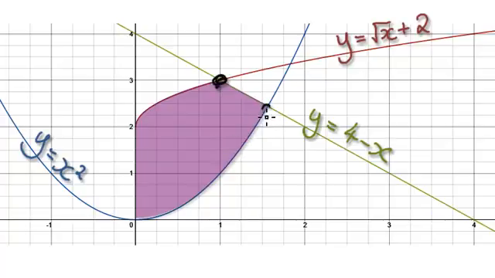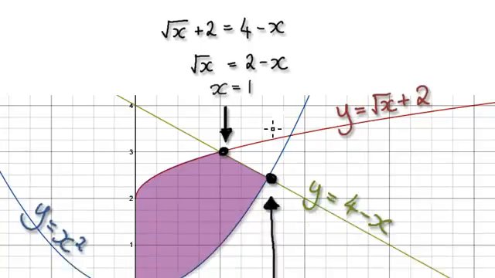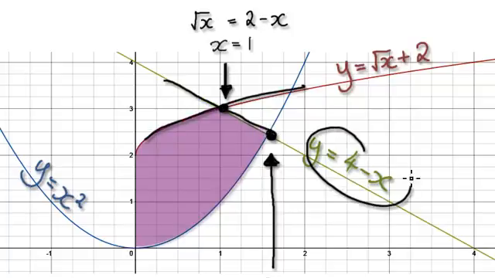We need to know this point. To locate this point here, the red line will equal the green line.